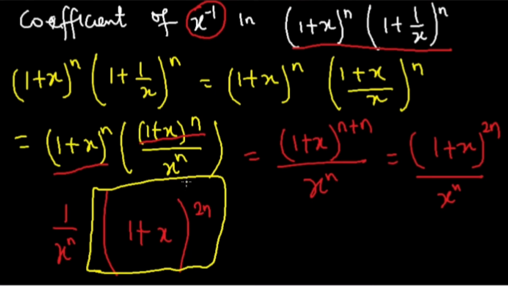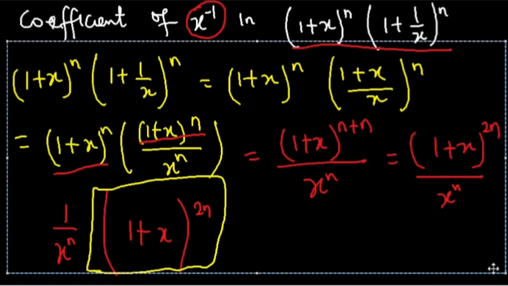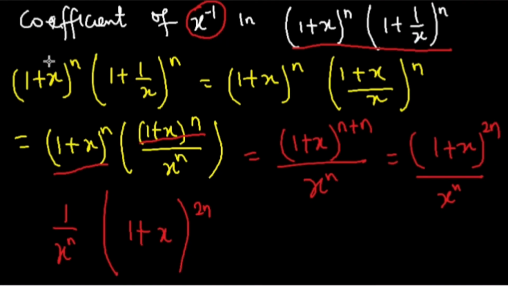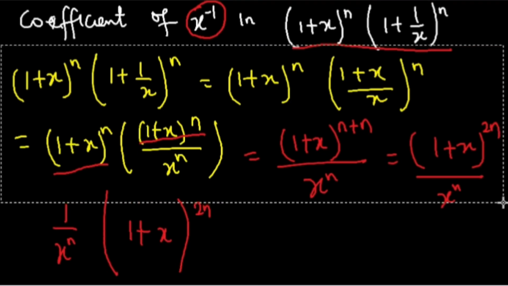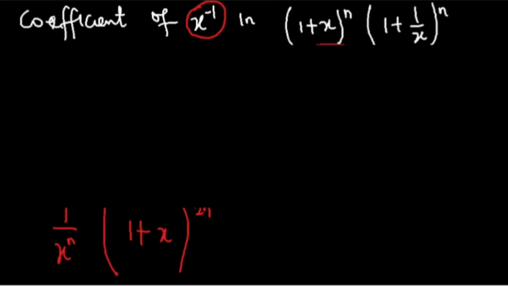So let's quickly do that without wasting time. We already know where we stopped: 1 over x^n into (1 + x)^(2n). So if I want to expand this, I'll have 1 over x^n into the bracket.